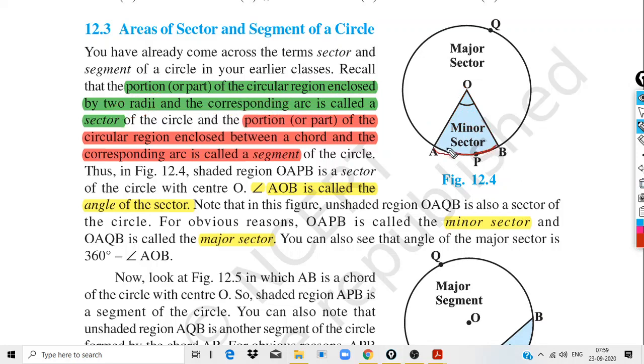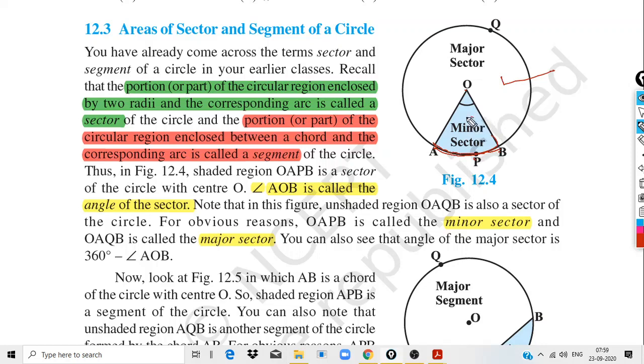So it is the area or the portion of the circle enclosed between OA and OB radii, that means any of the two radii and the corresponding arc. So we can say OAPB, I am repeating the name, OAPB is a sector of this circle.